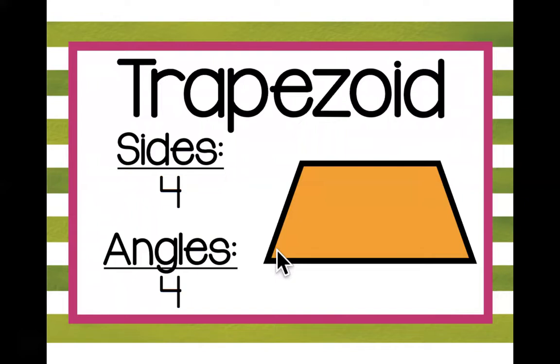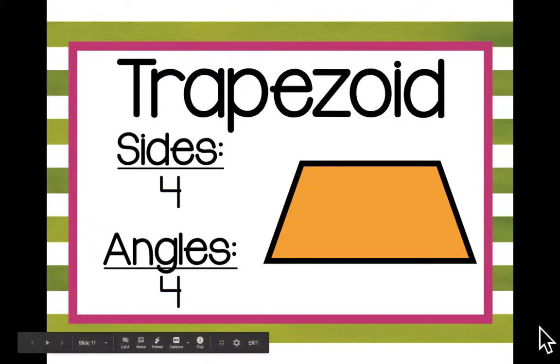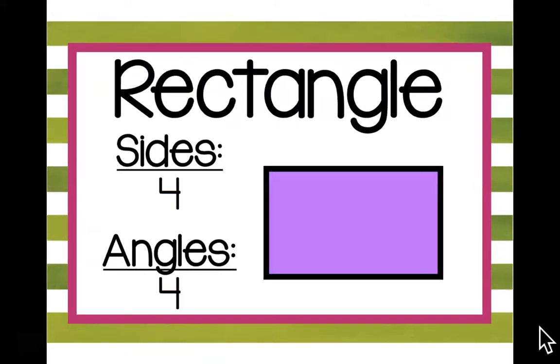And notice how in a trapezoid, the angles on the side or the sides are kind of angled in. They're not perfectly straight up and down. They kind of go in or out depending on how you're looking at it. Okay, so they either get closer together as you get to the top or farther apart as you get to the bottom.